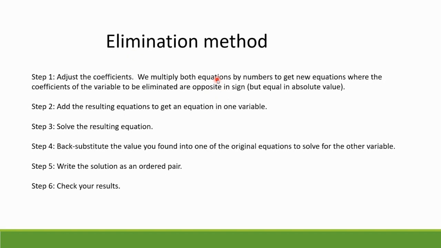Once you've got one equation in one variable, you solve it, then you back substitute. That is, you substitute into one of the original equations to get the other variable, and then write your solution as an ordered pair. You always want to write it as an ordered pair. Or if there's infinitely many, you say so.